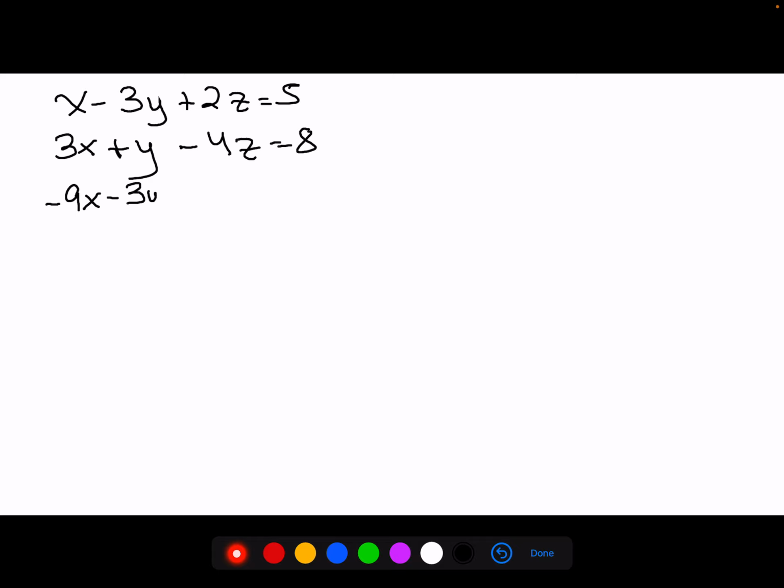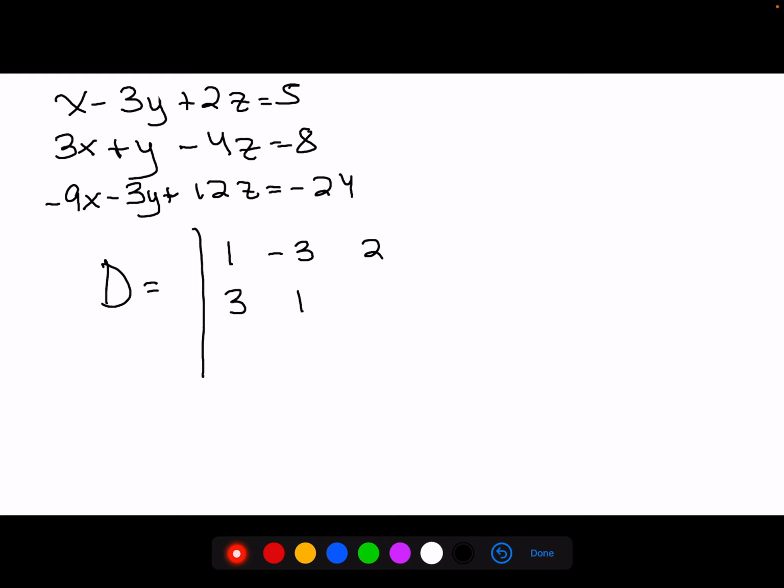This was just a good example to show you when you don't have to go any further. Like for this one, let's say you just want to find D. You're finding the determinant when you have 1, -3, 2, 3, 1, -4, -9, -3, 12. So remember, I'm finding the determinant in this case where all the coefficients of x, y, z. So I just expanded it.